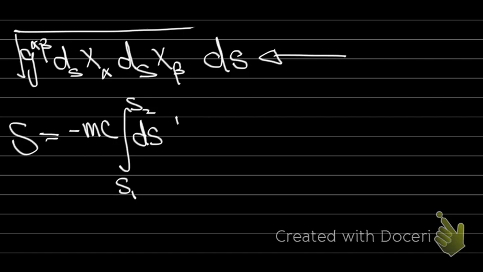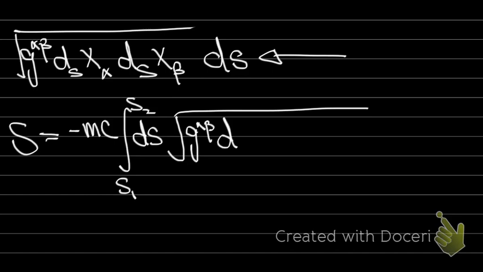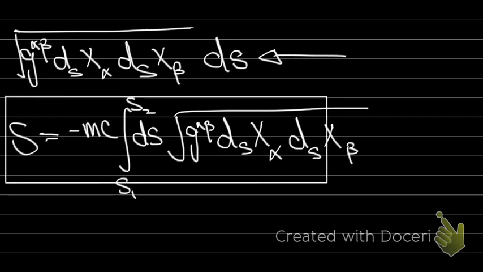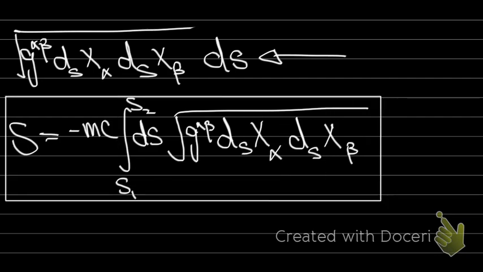So what is that? That is the square root of g alpha beta, derivative with respect to s of my x alpha times the derivative with respect to s of my x beta, right? And so this is the form of your action in terms of the infinitesimal length.